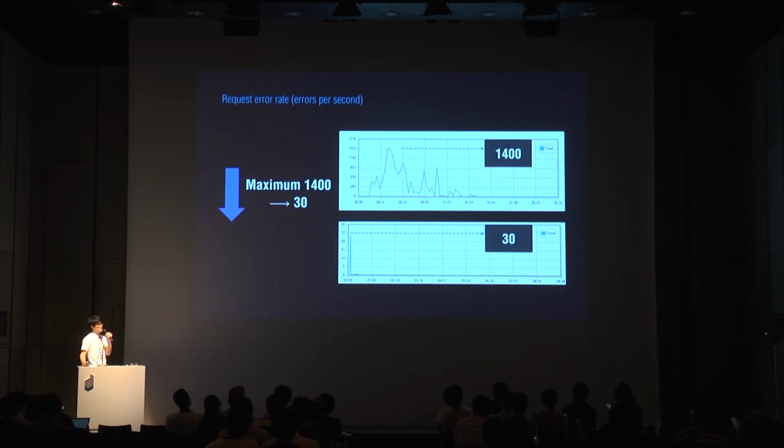However, after adjustment, the error rate dropped to around 30. The error rate is within an acceptable range because the connection can be converted to TCP through QUIC discovery, allowing the service to run normally.